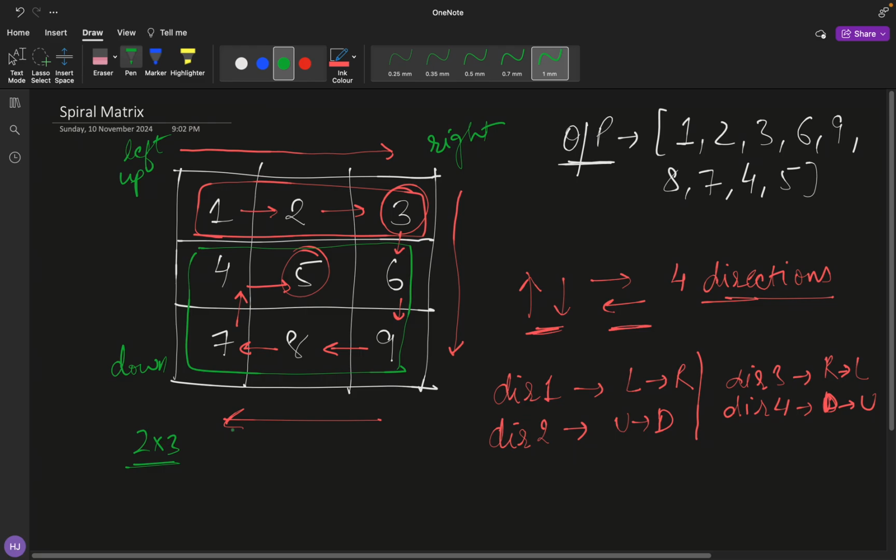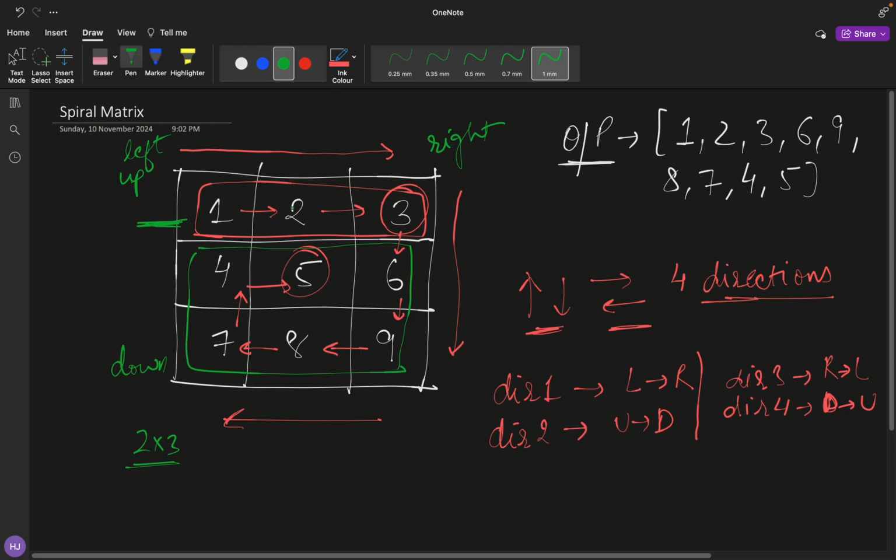So after completing one of the traversals, we are assuming that we have covered one of the directions, like one part of the matrix is already covered. So we have to simultaneously update the other directions while keeping track of these movements as well.